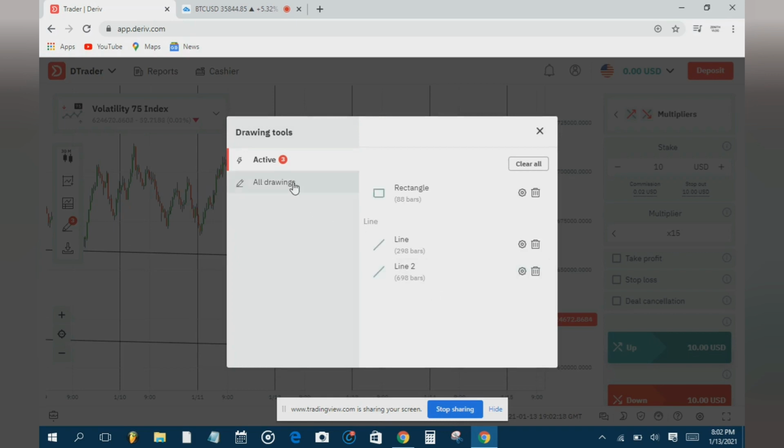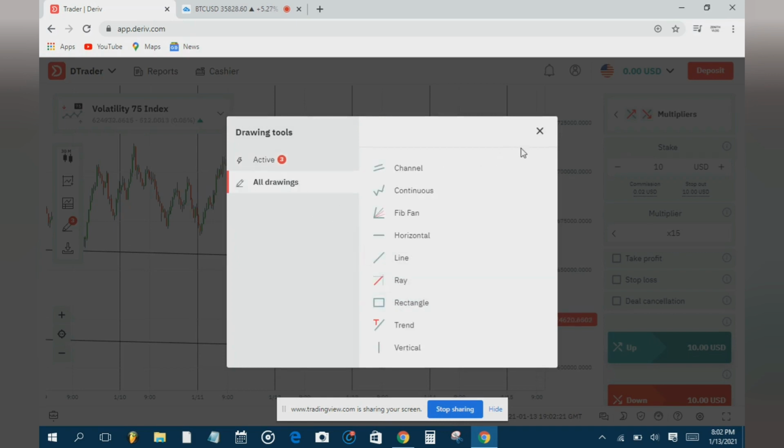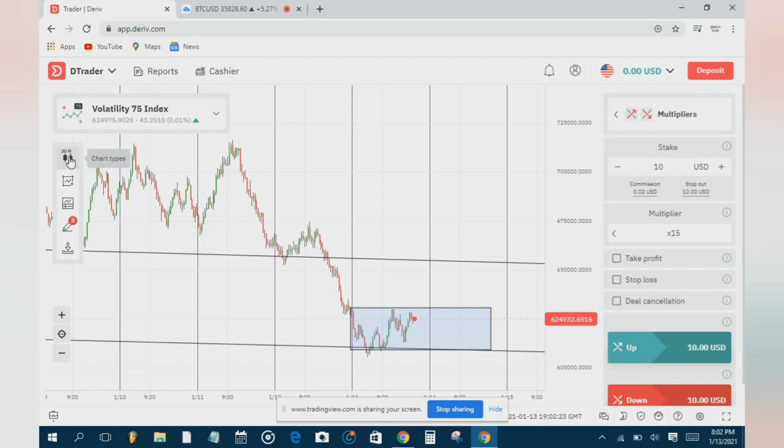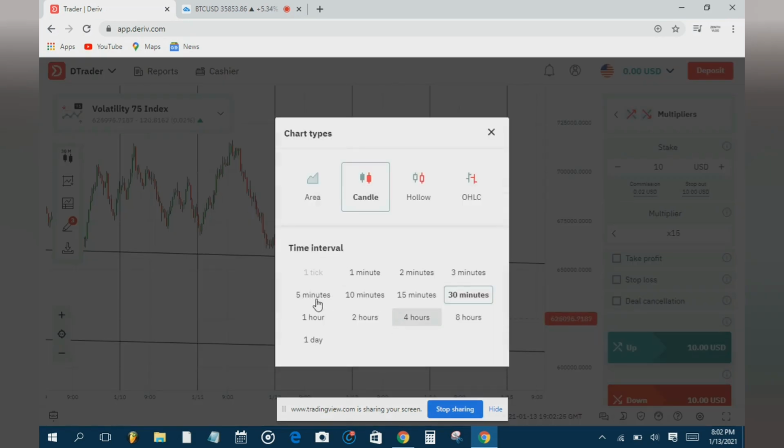So let's go over to 1 day. I forgot to draw the overall trend, the overall bullish trend, for you guys. It's also very important. So we're going into 1 day.